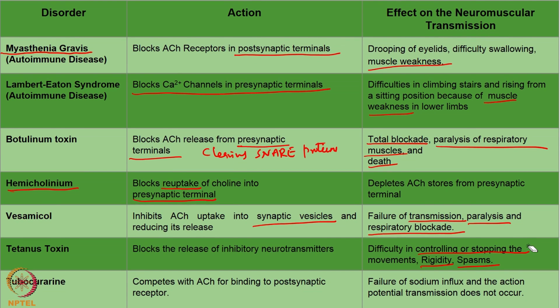Note, only when acetylcholine is bound to the receptor will the channel open and let in sodium, not when anything is binding. So, sodium will not enter when tubocurarine is attached to the nicotinic cholinergic receptor.